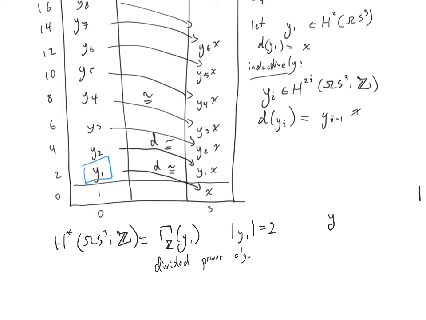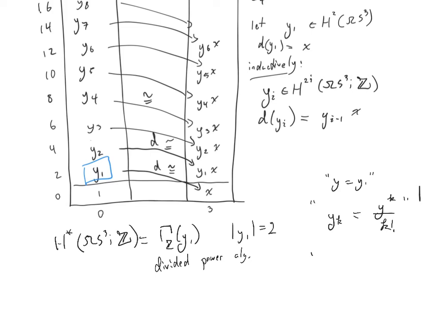So yk is supposed to be equal to, if y is y1, y to the k over k factorial, even though we can't divide by k factorial. And this gives you the correct multiplicative rule using binomial theorems.